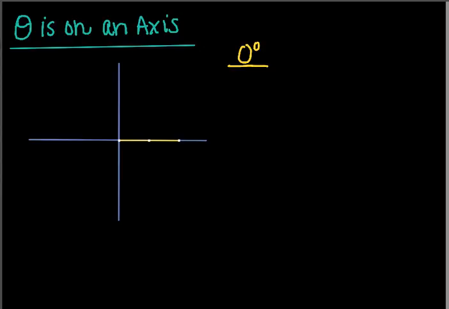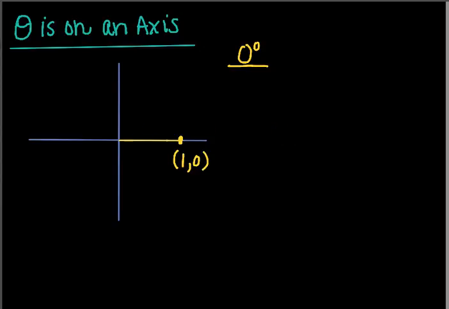Now, when we pick a point on this line, I can pick any point on this line. So I am going to pick the point that is a distance of 1 away from 0. So this point right here would be 1, 0.